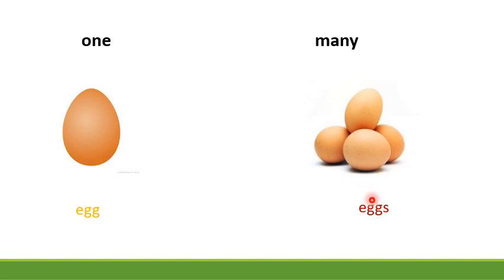So, how are we going to write many eggs? We add s to the spelling of the egg. So, how will you read it? E-G-G-S, eggs. Here one egg and here many eggs. Okay, right?